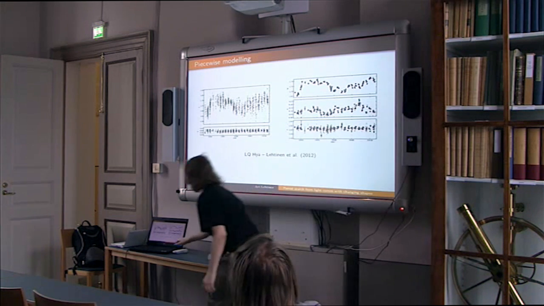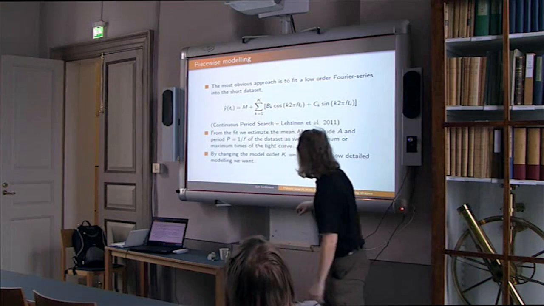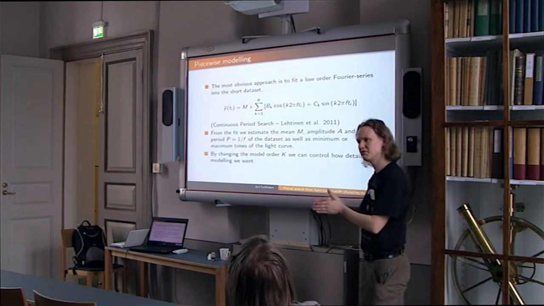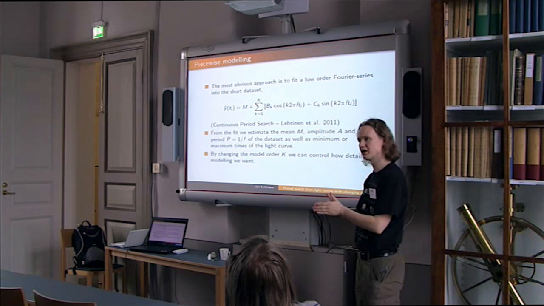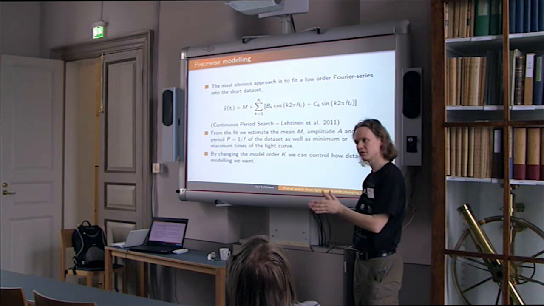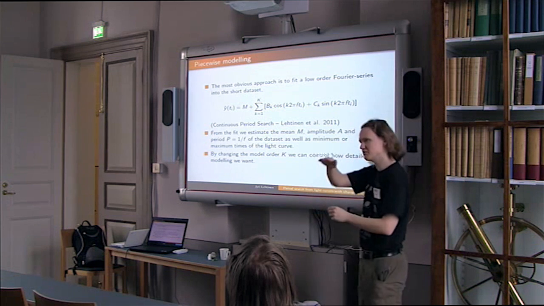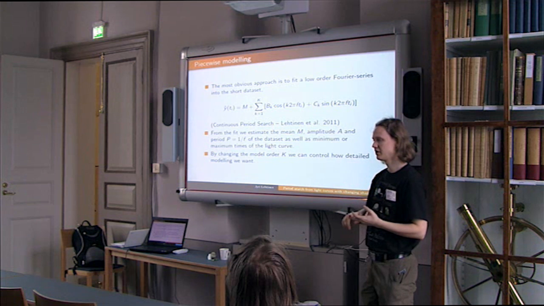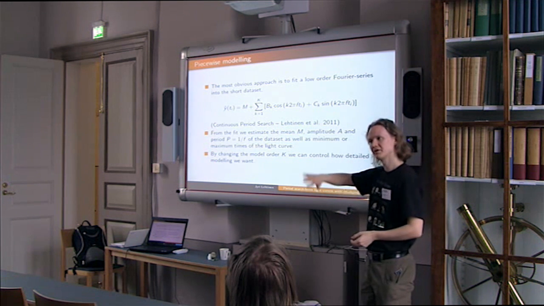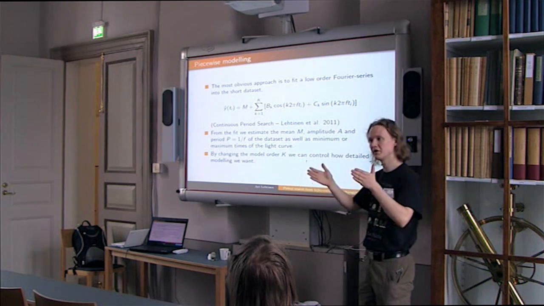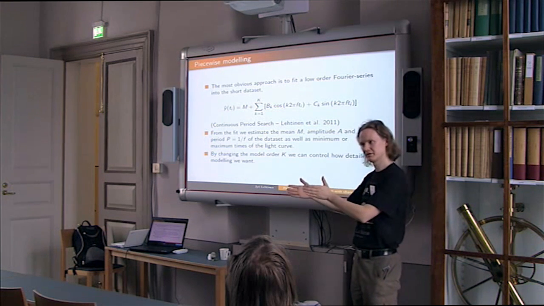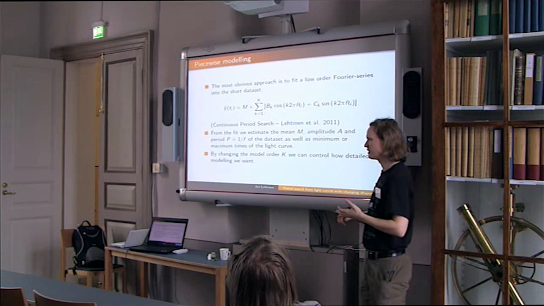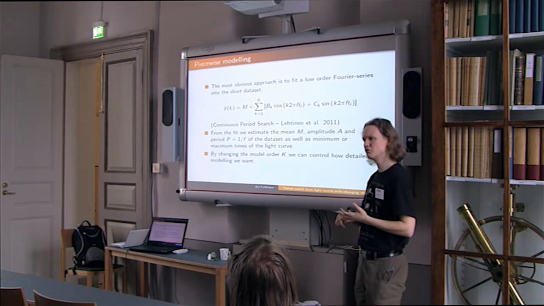Sorry, what is K? So here I have 2 Ks. The small k number is just the number of that particular model order. So 0 is for the mean level. 1 is for a simple sinusoidal curve with the period of the actual star, and 2 is for the first overtone.